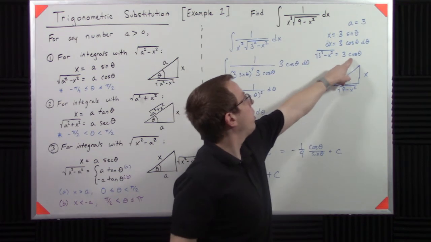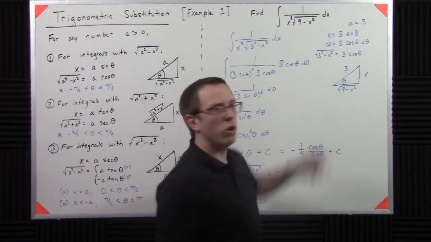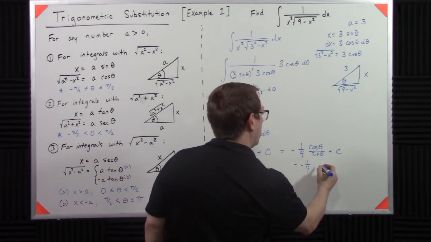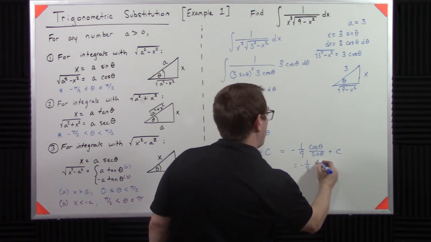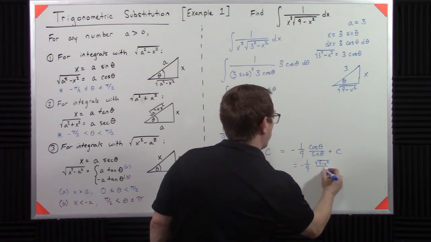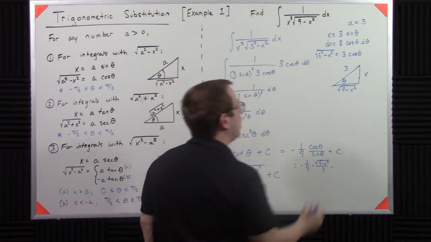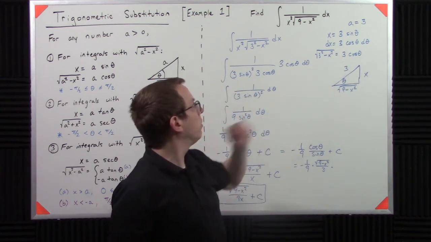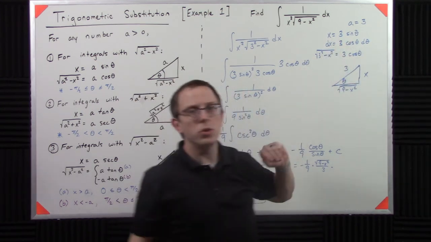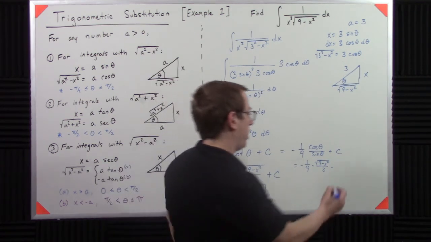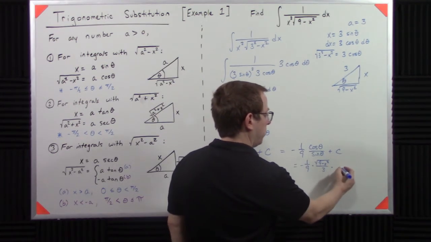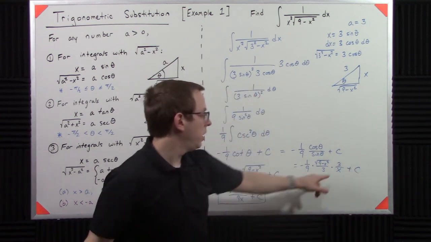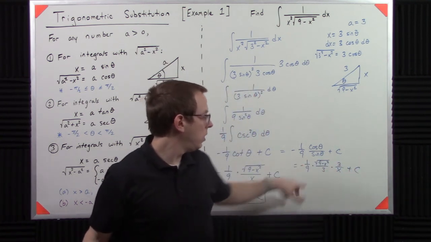Cosine of theta is this thing over 3, so that's negative 1/9 times square root of 9 minus x squared over 3. Sine of theta is x over 3, so that's on bottom, so that becomes 3 over x plus c. And then I can cancel, and I get the same answer.